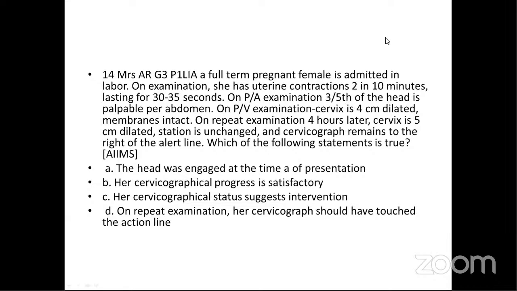Where do you expect the presenting part to be on pelvic examination? How will you correlate the fifths rule and the station that I explained to you previously?